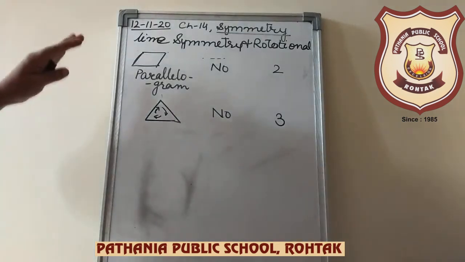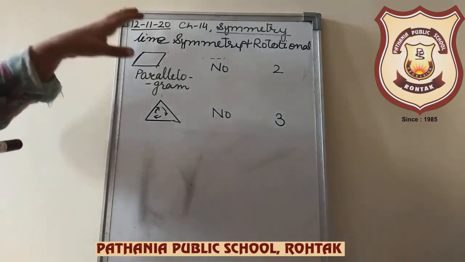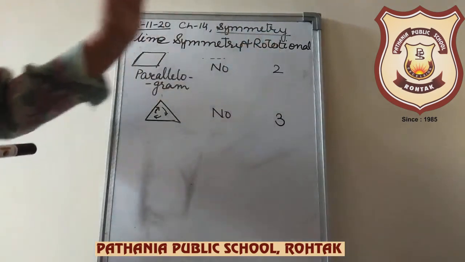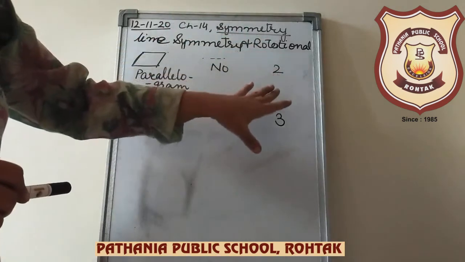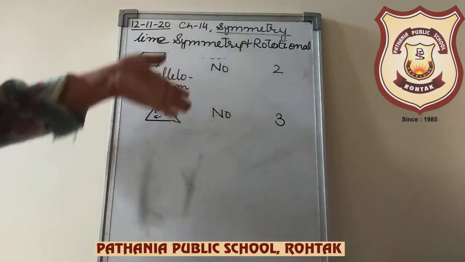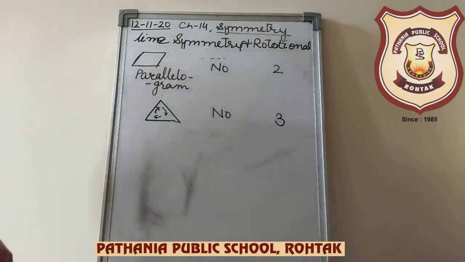Okay. So what I mean to say is that there are certain figures which have both line symmetry as well as rotational symmetry. Some figures have line symmetry but they don't have rotational symmetry, and some figures are like that, they don't have line symmetry but they have rotational symmetry.